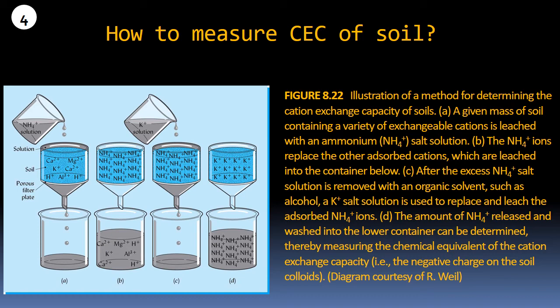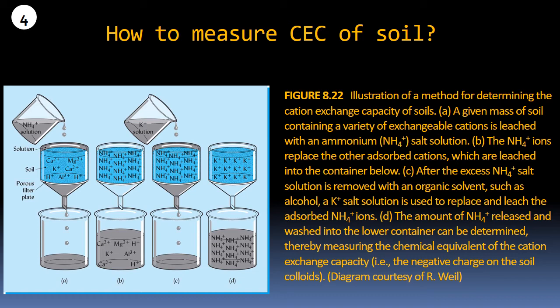When you put it in the soil, the ammonium would replace all the cations that exist in the adsorbed side of the soil and kick them out. And as you see in step B, all of these cations will be kicked out to the soil solution, and therefore they will be leached out to the beaker.